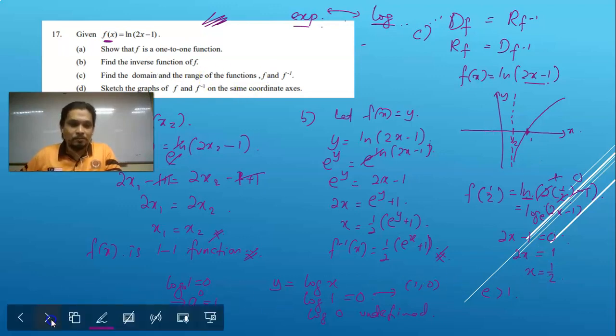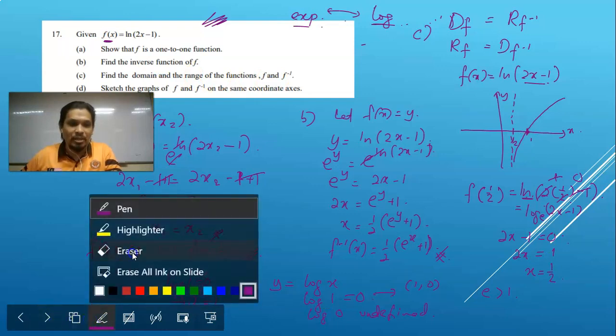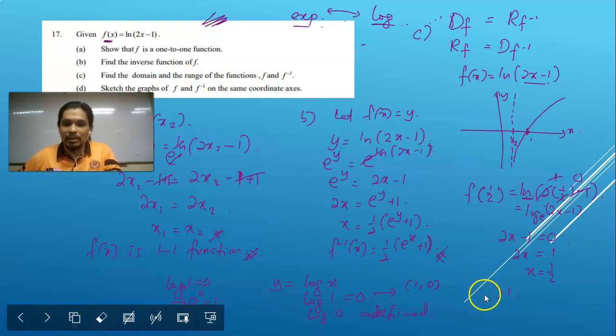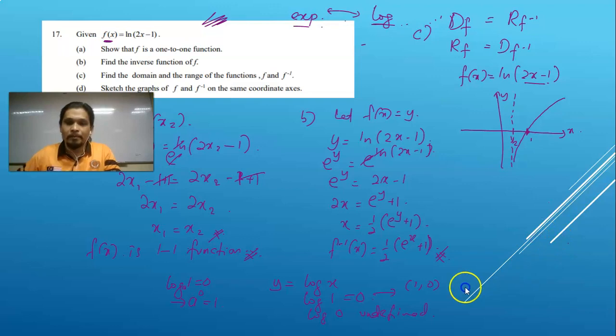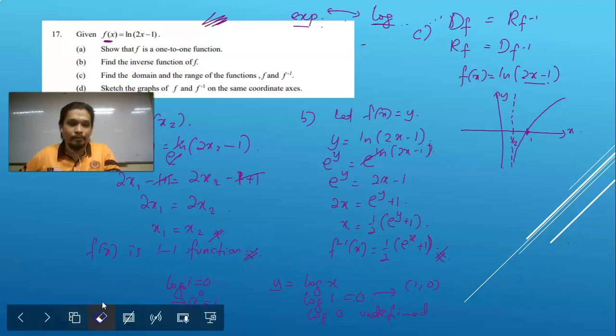So now, okay, I'm sorry, I need to clear this from time to time because we have limited space. So what is the domain of this function now?